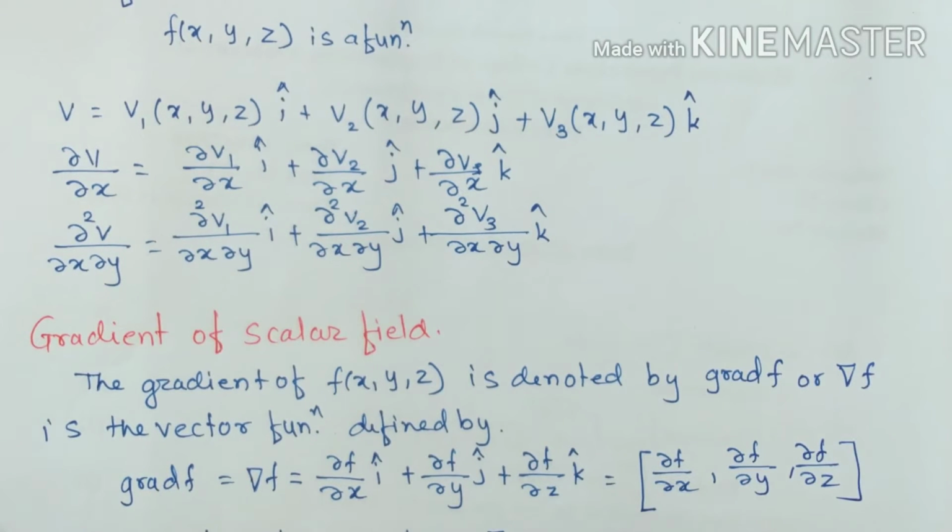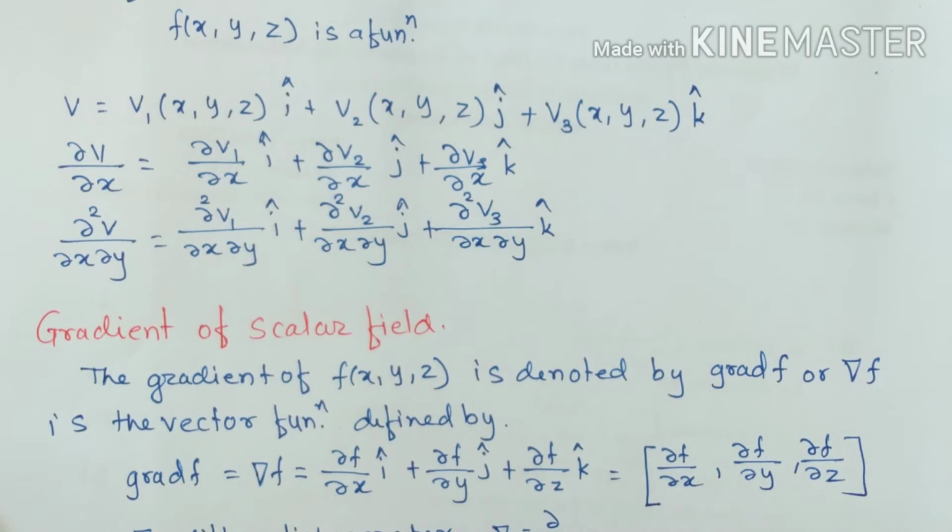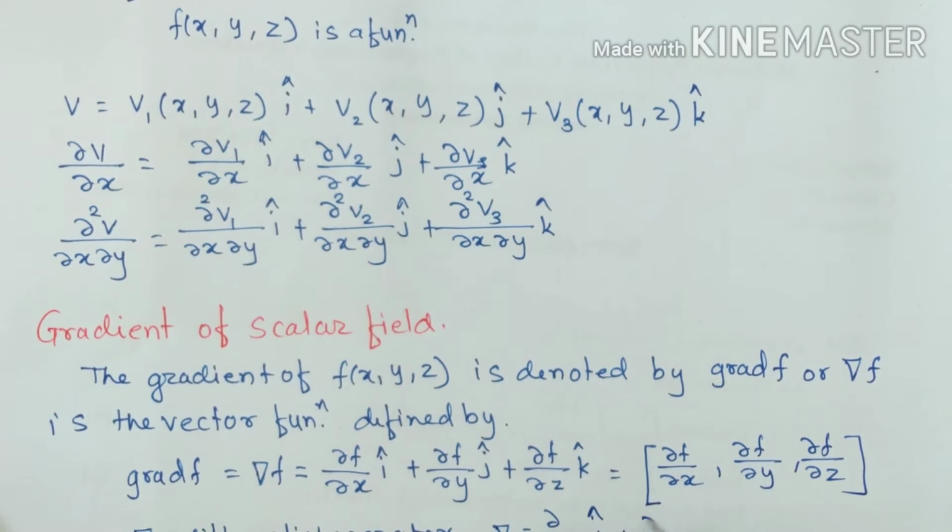The value of del is usually given as ∂/∂x of i cap, ∂/∂y of j cap, and ∂/∂z of k cap.